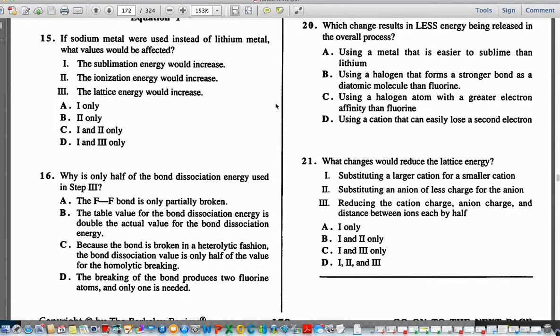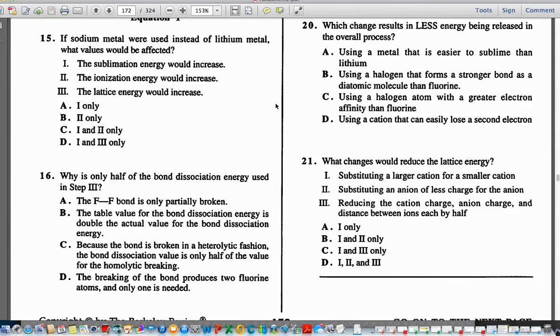Which change results in less energy being released. Using a cation that can easily lose a second electron. You would use more energy there.